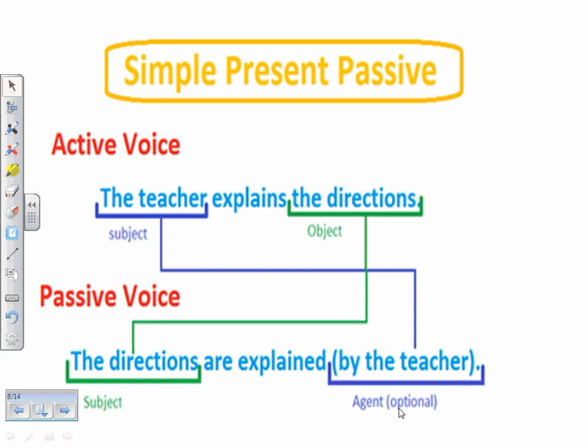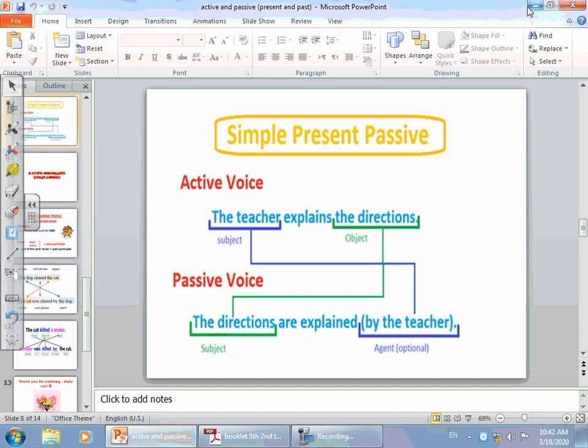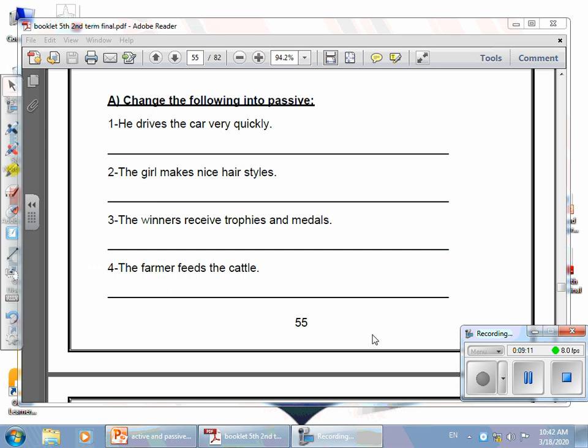Okay, now let's go and move to answer these questions. I want you to open your grammar booklet, page 55, exercise A. Very good. Change the following into passive. He drives the car very quickly.